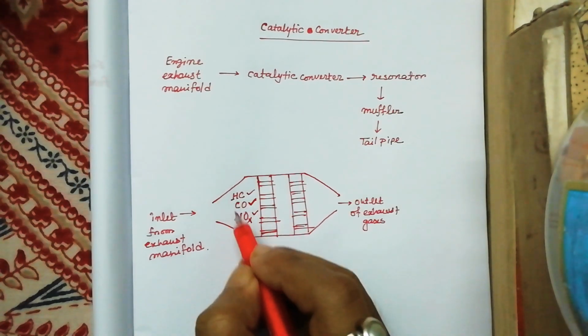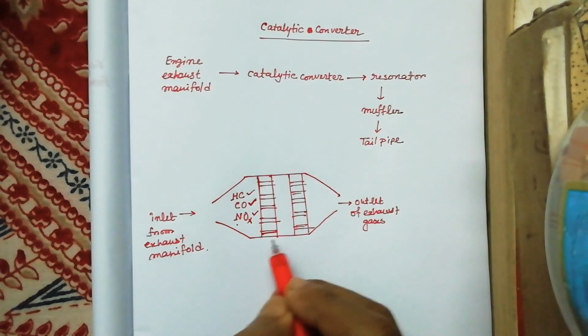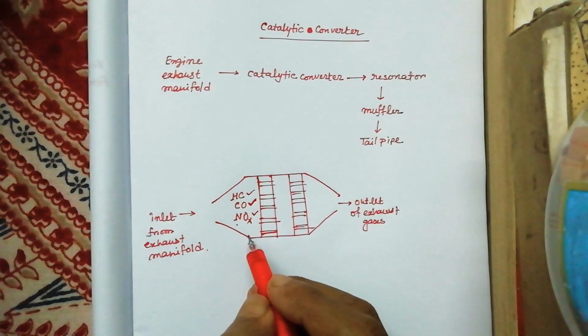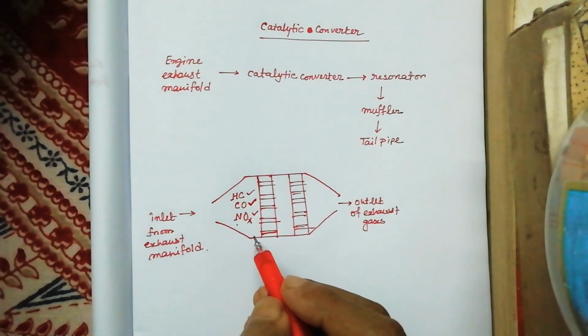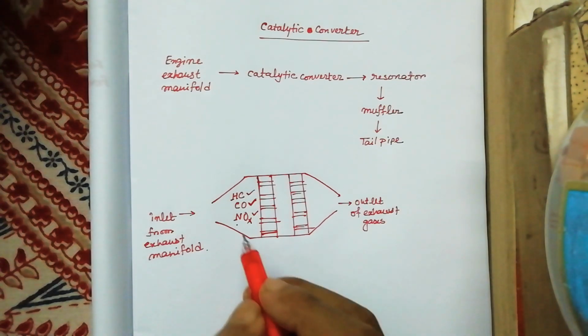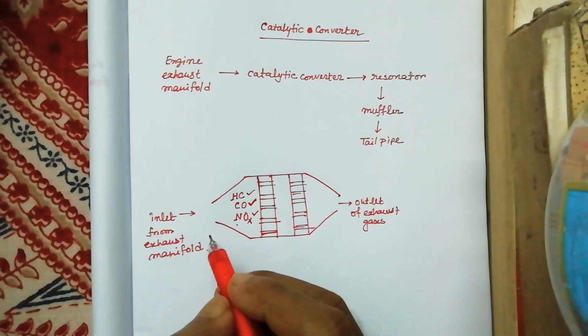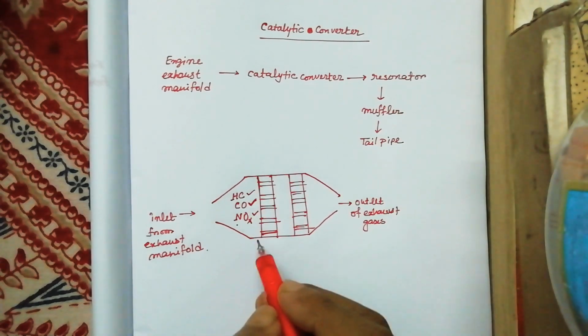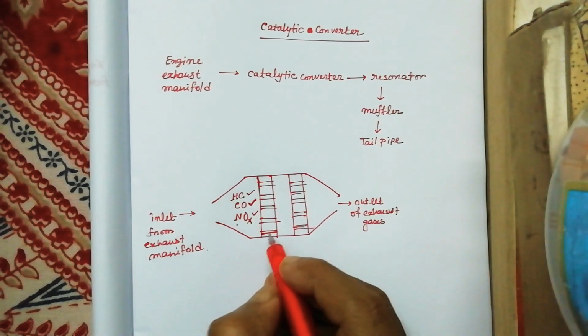When all three are dealt with by the catalytic converter, we call it a three-way catalytic converter, and it is basically used in petrol engines in most cases.